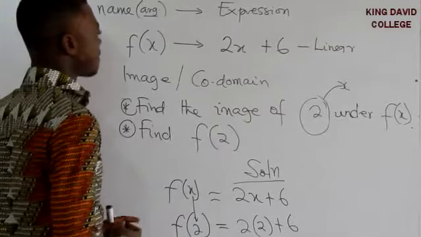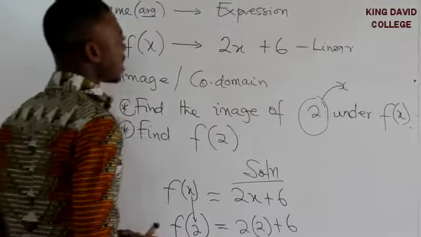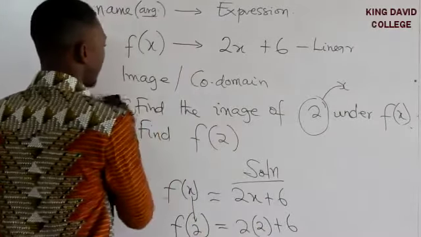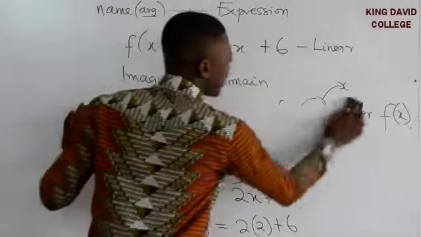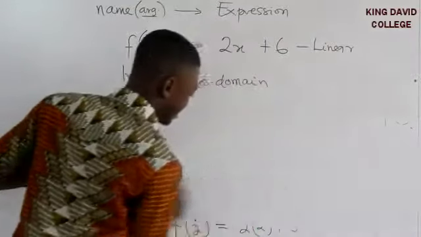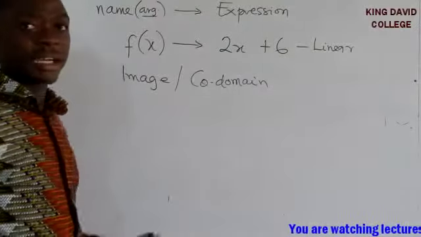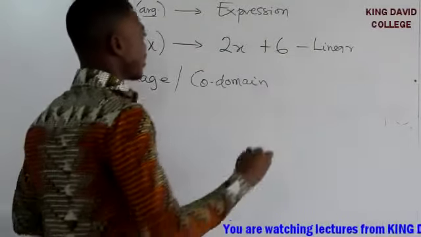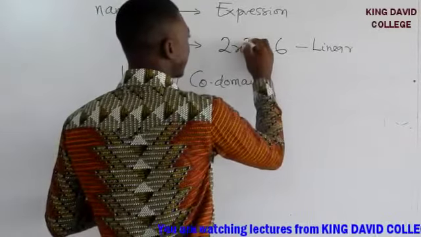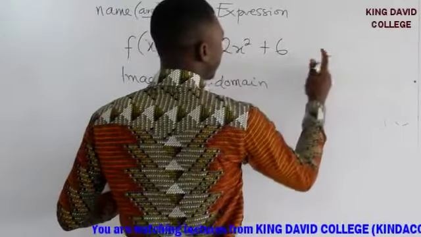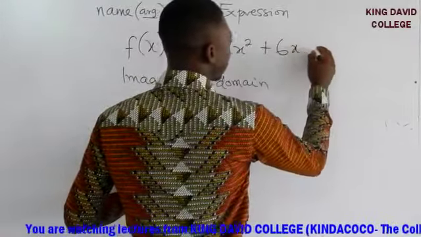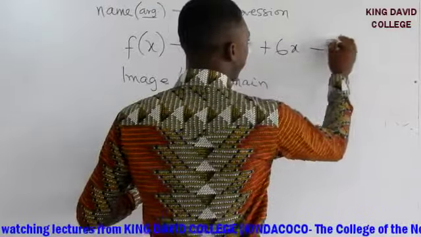Let's say now I've changed my function from being this linear to a different one, which is a quadratic. So let's say this is 2x squared plus 6x minus 5.